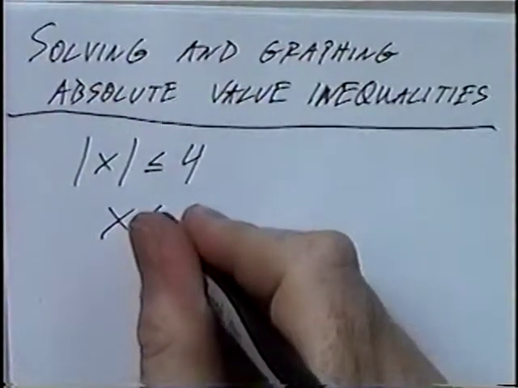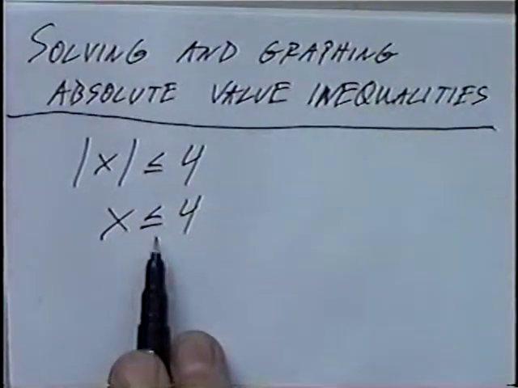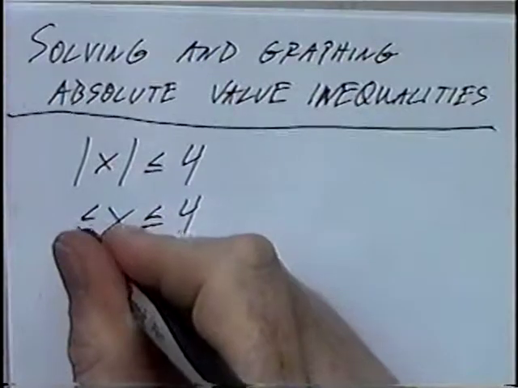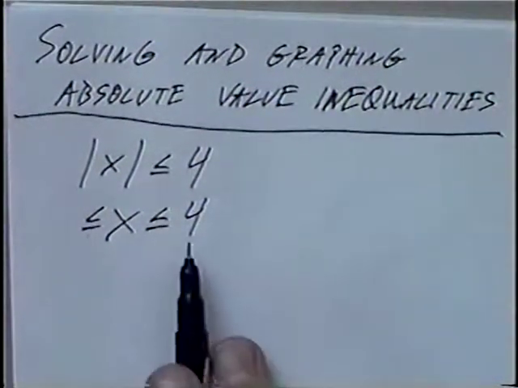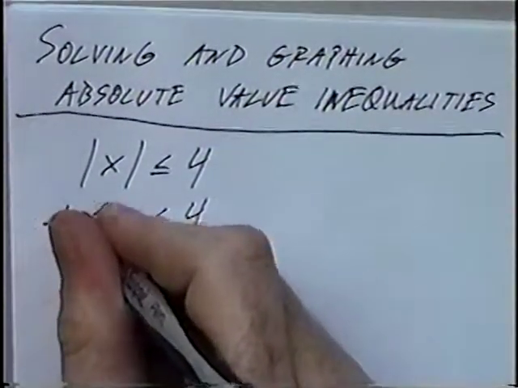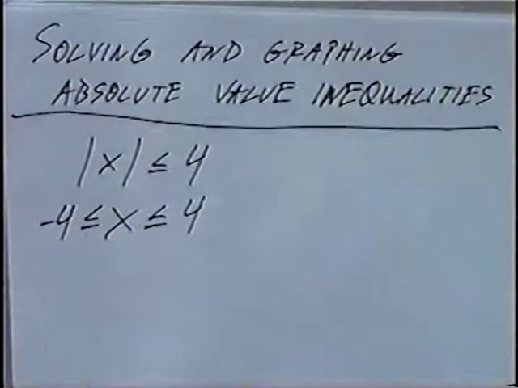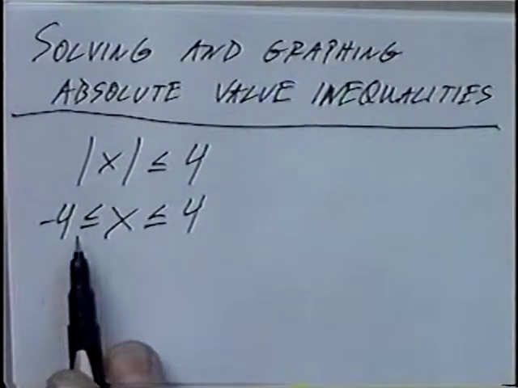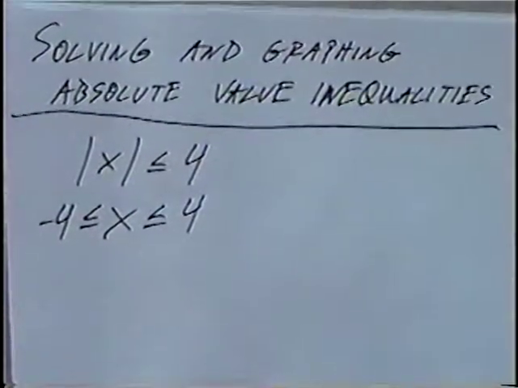So we'll have x less than or equal to 4. And also the inequality less than or equal to, we'll copy exactly as is to the left-hand side of the problem. And the number 4, we'll do the opposite of that, which is negative 4, that we'll put on the left-hand side of the problem. Now we have the inequality negative 4 less than or equal to x less than or equal to positive 4.